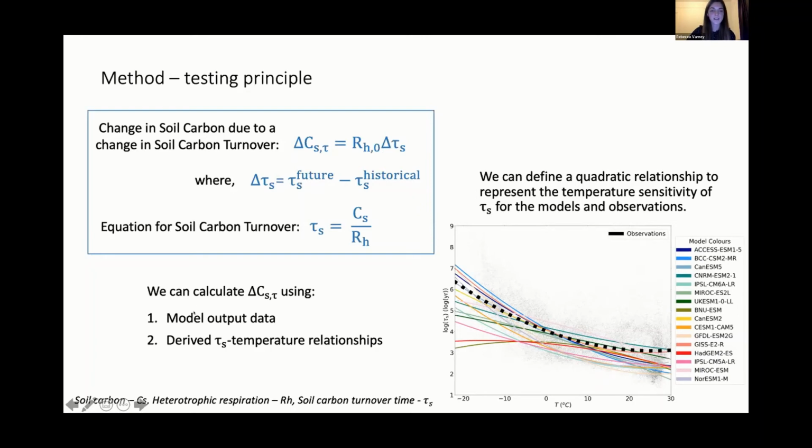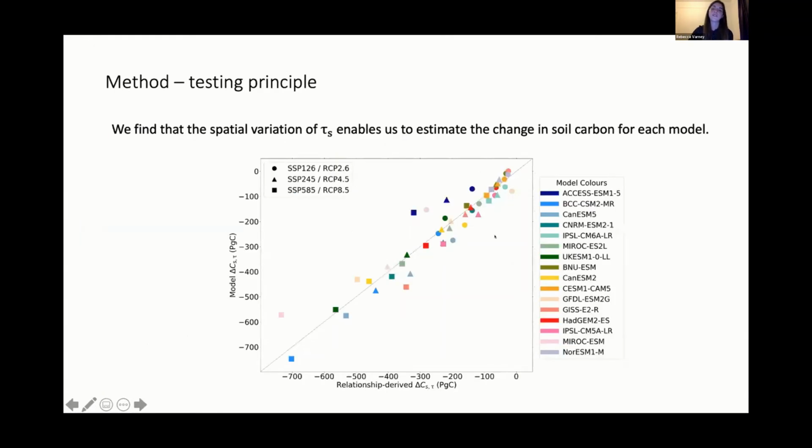And we'll do this twice, once using model output data and once using these derived, model-specific quadratic relationships. For each of our models, we can use the models to test the premise, so we're basically investigating whether these relationships can predict the change in soil carbon.